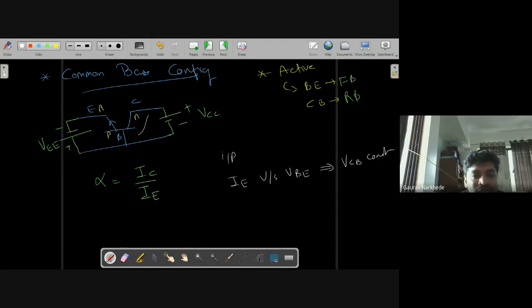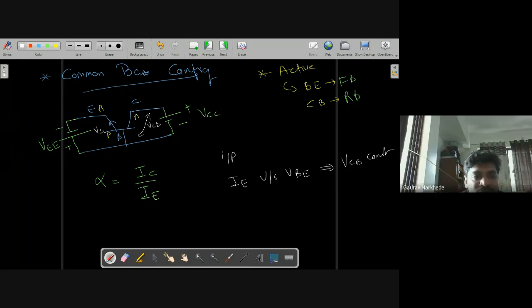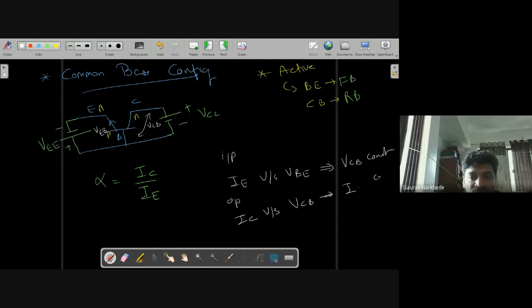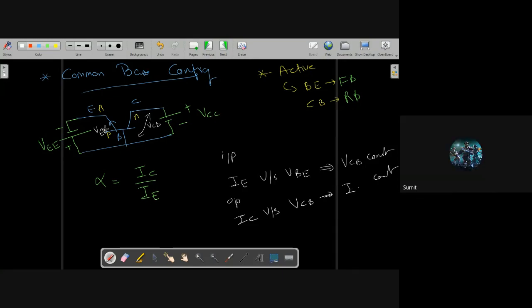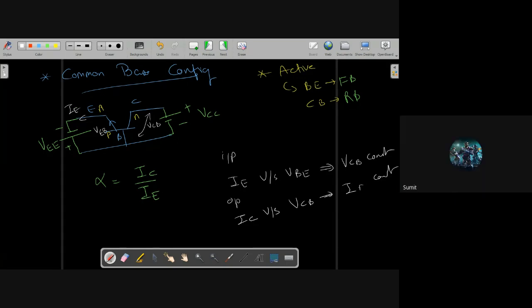We say the voltage between collector and base. This is voltage across collector and base, and this is voltage across emitter and base. Okay, and output characteristics is a graph of IC versus VCB. What is constant? Input current. What is input current? IE. Correct?